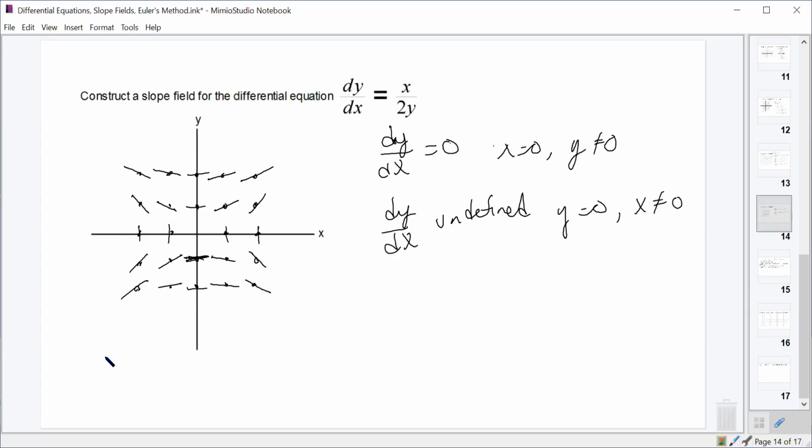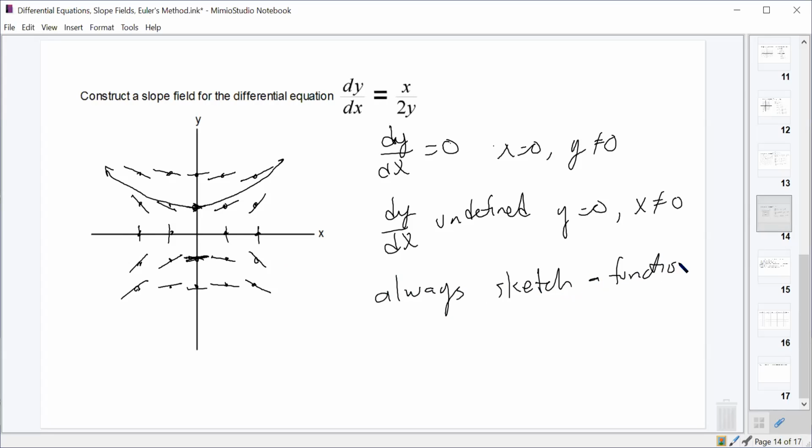And suppose I asked you to sketch the solution curve that went through this point. Well, it looks something like this. And one thing to note when you're sketching these is that you will always sketch a function.